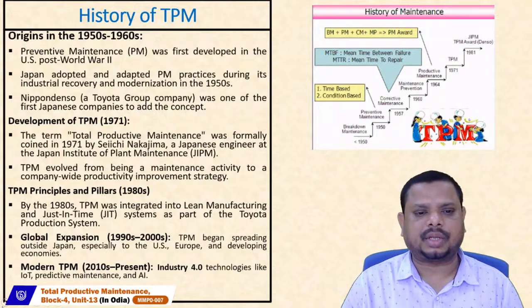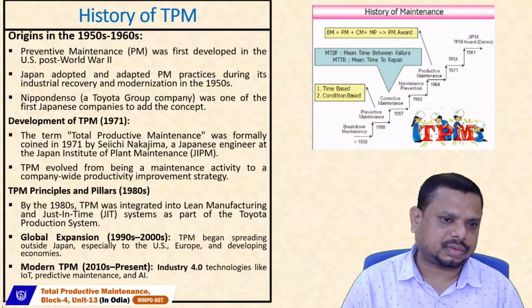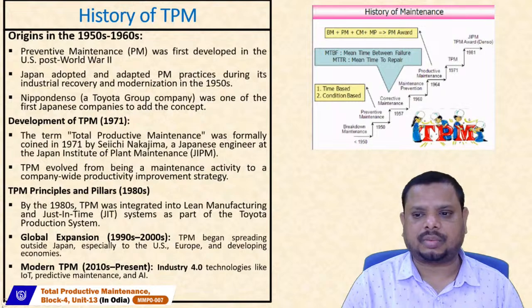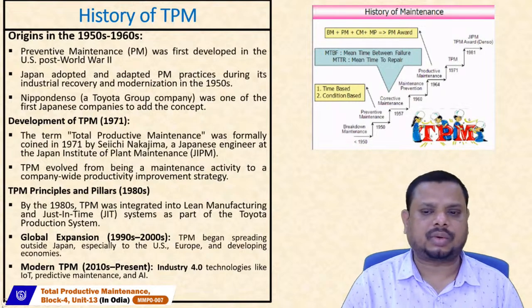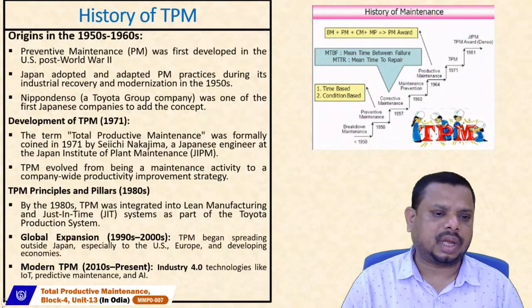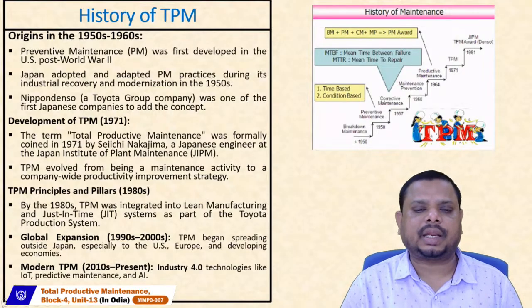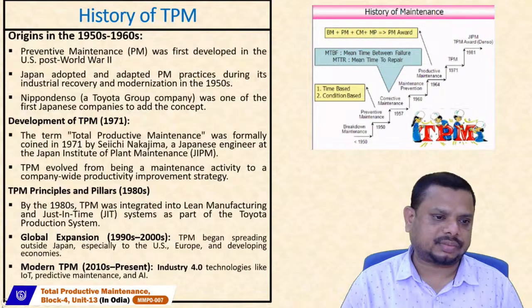The Toyota Group companies were among the first Japanese companies to adopt this concept in their entire production system, so that they could achieve higher product quality, generate less waste, and have fewer defects. They would also effectively increase the lifespan of the machines and equipment directly involved in production systems.